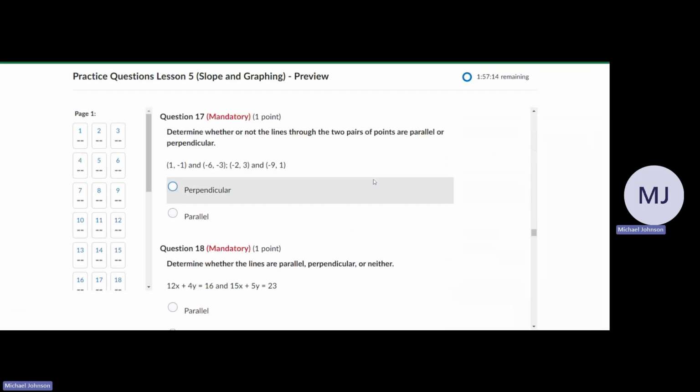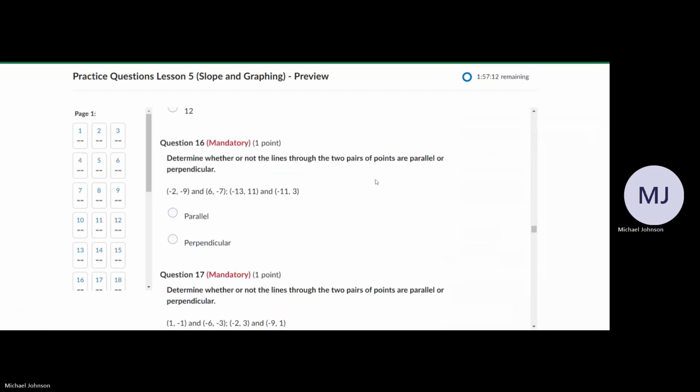And then parallel and perpendicular. If it's parallel, the lines move in the same direction, and they have the same slope. That's parallel. So they are moving in the same direction, but perpendicular is when they're moving in opposite directions.